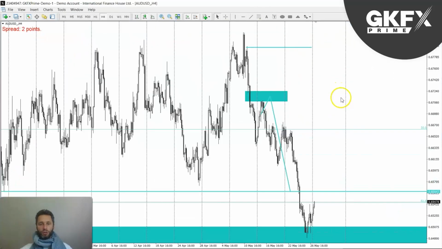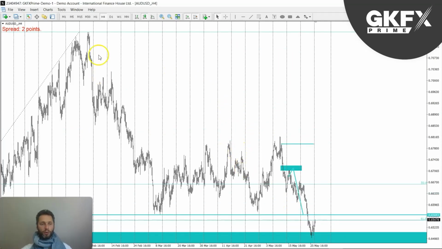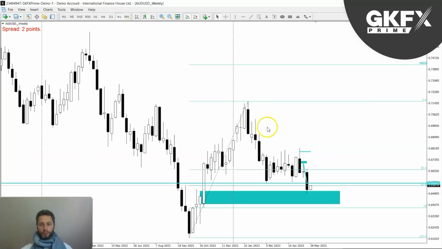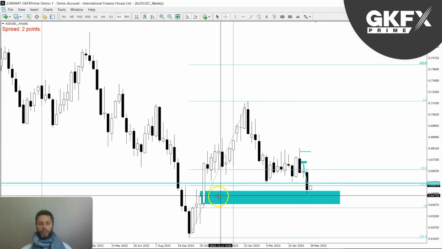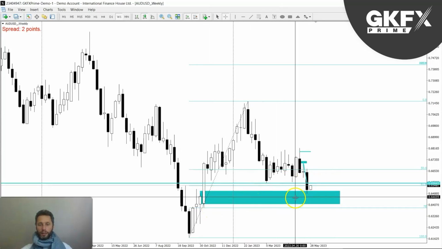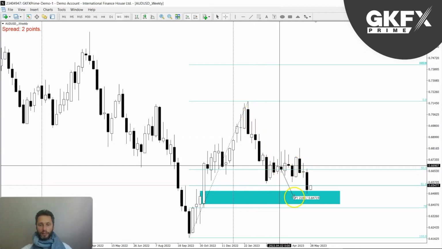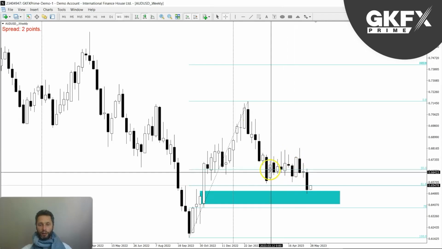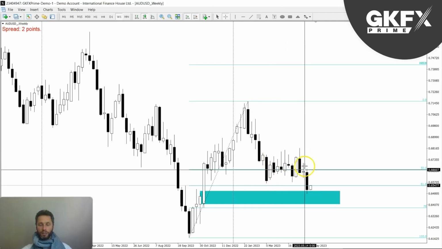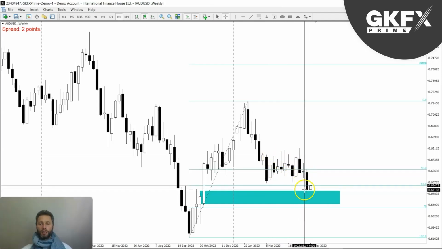As always, I've got the Aussie dollar for this week, and what we're looking at is a continued drop on the Aussie dollar. So here we are. We looked at this area being the target, which we have now reached. So let's just remove all of these. We expected this deeper retracement to break out of this zone, this range that you can see, and we have done so.